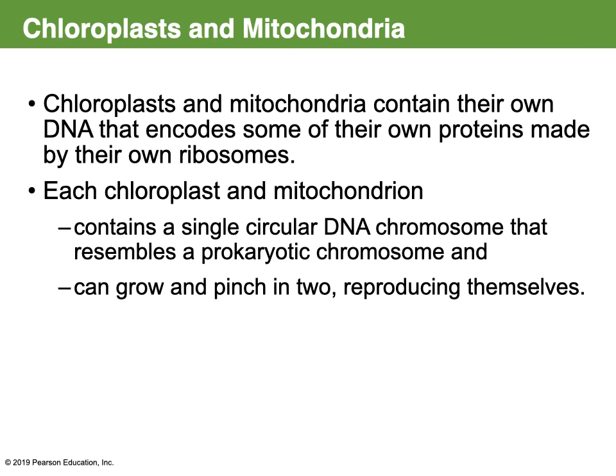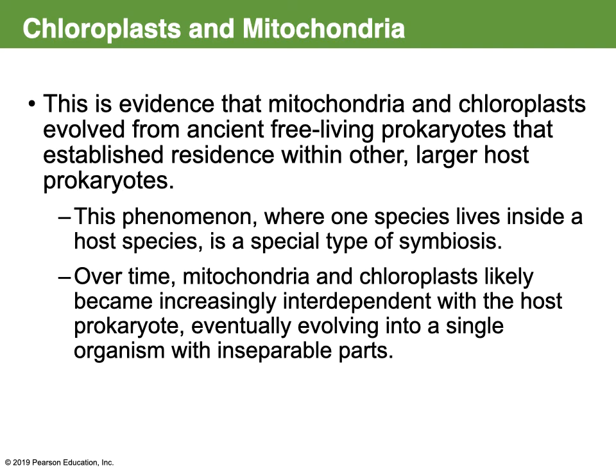You might say, well, where the heck did this come from? Well, there's evidence that mitochondria and chloroplasts evolved from ancient free-living prokaryotes that somehow managed to take up residence inside larger host prokaryotes. So this is sort of the evolution of organelles, if you will.